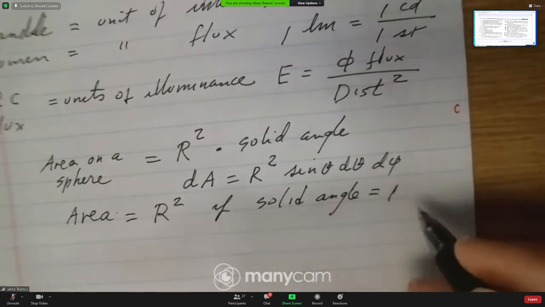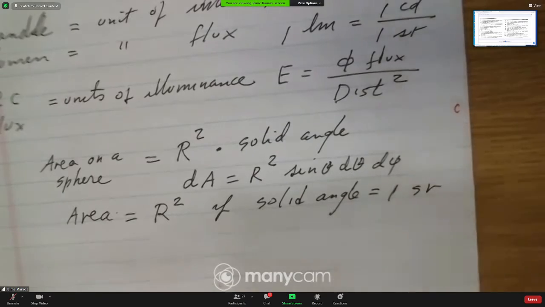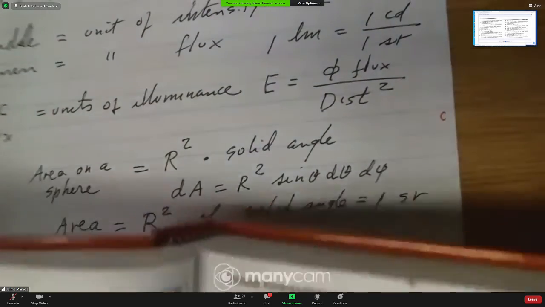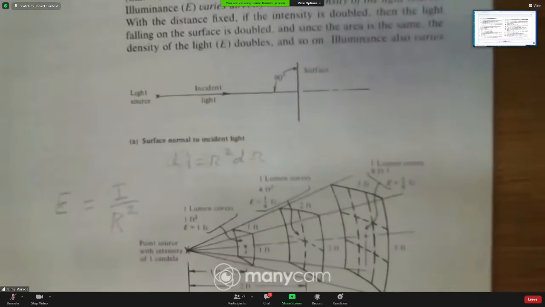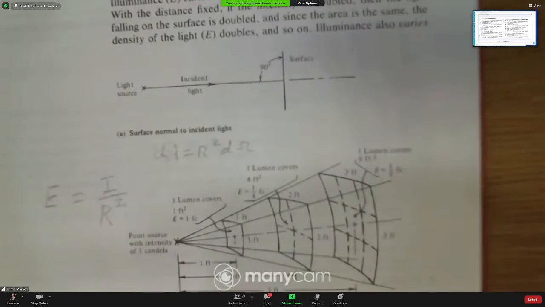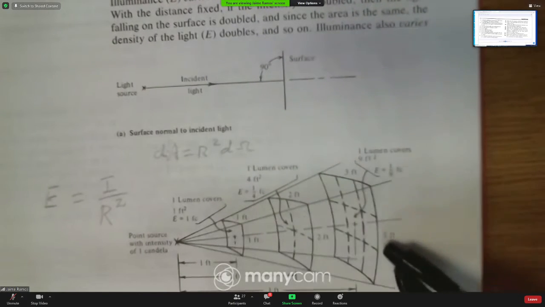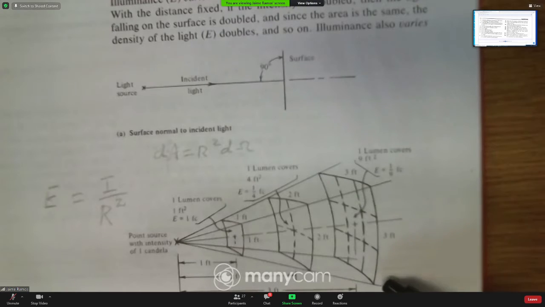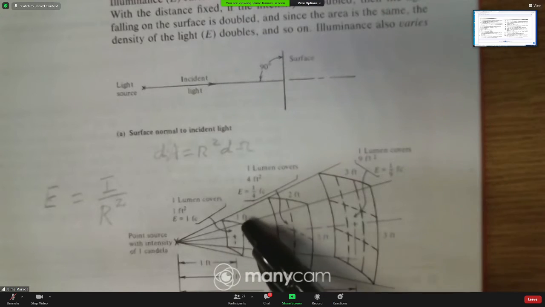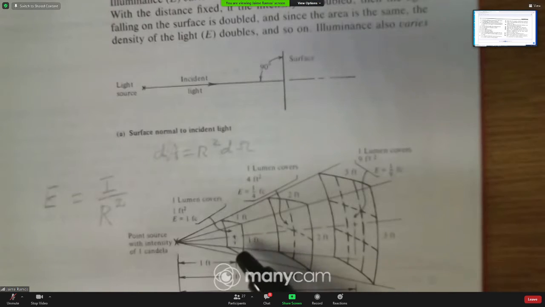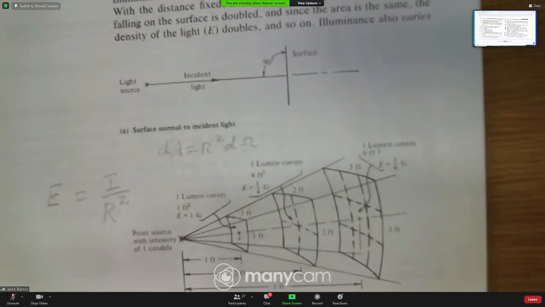So that's what we are seeing here. Here we have a solid angle equal to 1 steradian, and therefore the area is going to be, for the first intercept, just 1.